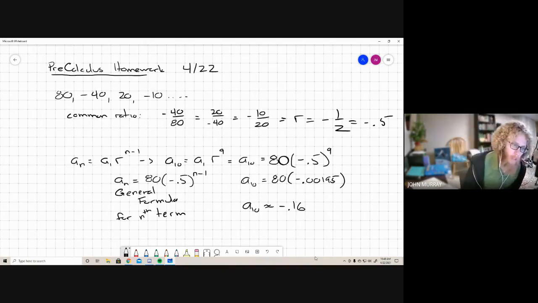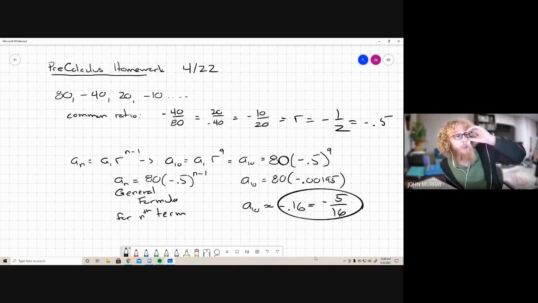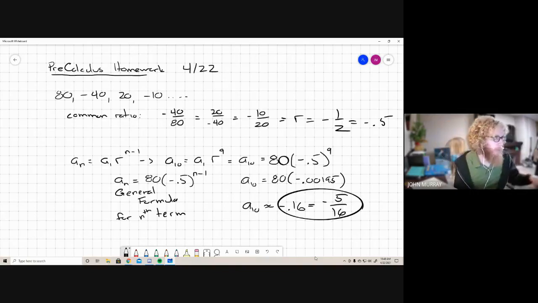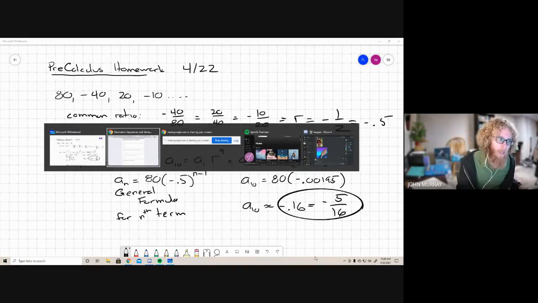And this would be -5/16. If I don't specify or if you don't see a problem that specifies put this in fraction form, then you can give me either answer, and that's fine.